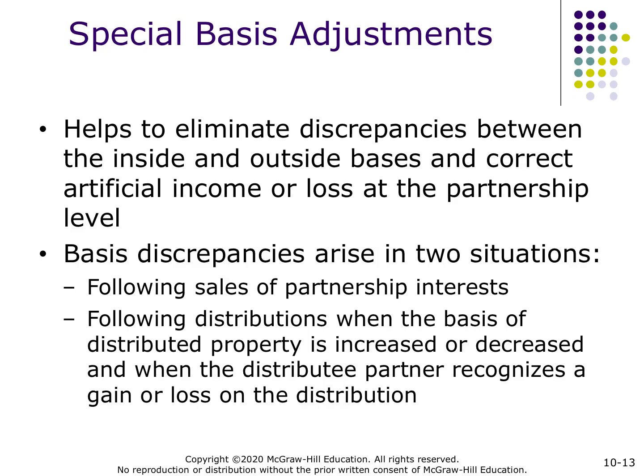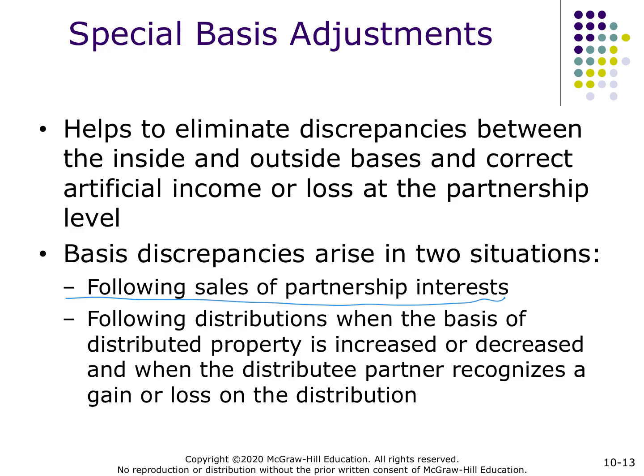Well, we have two situations, right? So following the sale of partnership interest, right? We've already talked about all of these scenarios, the liquidating distributions, where you have to reallocate the basis of assets, okay? And then following distributions, when the basis of distributed property is increased or decreased, and when the distributing partner recognizes a gain or loss, okay?